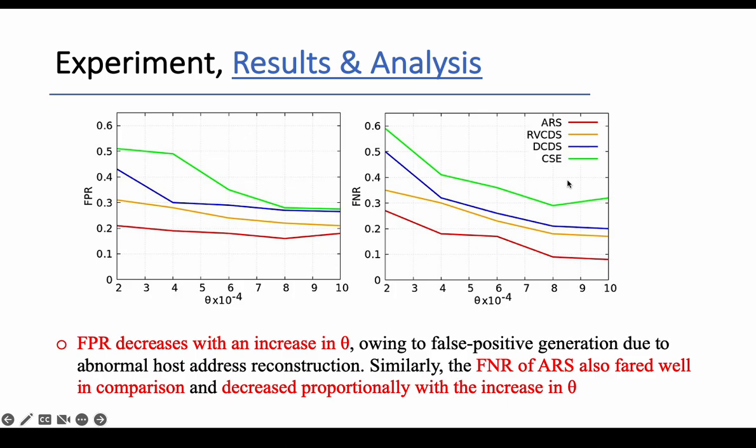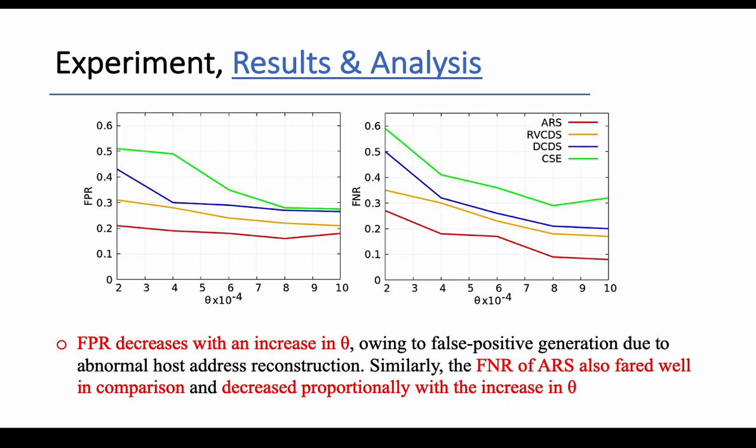Moving on, the false positive rate and false negative rate, FPR and FNR, were used to compare the AH identification accuracy of CSE, DCDS, and the present ARS method on the test datasets. C5 was trained on two sets combined to predict beta and alpha, which were 2.45 and 0.295 respectively.